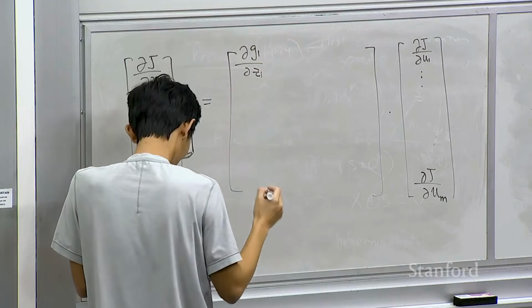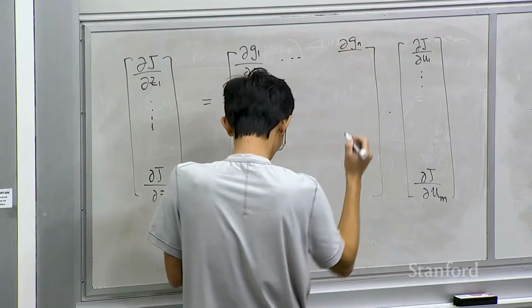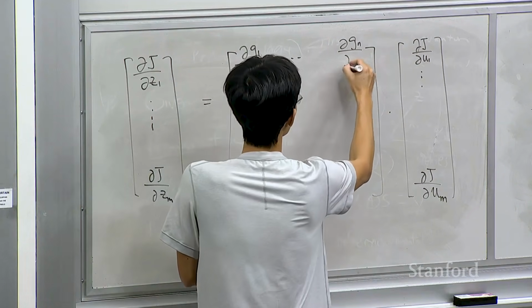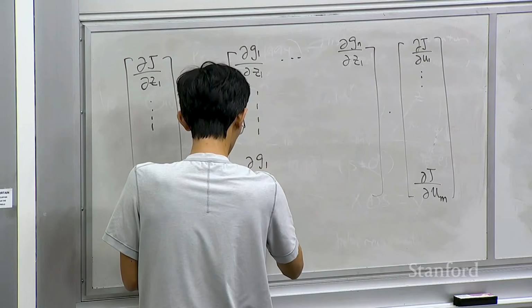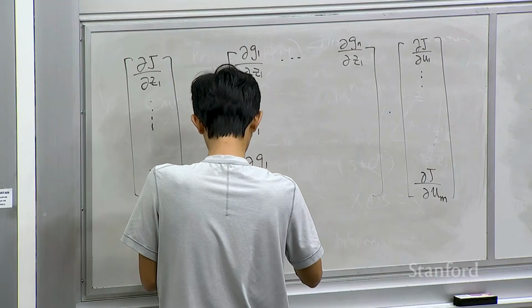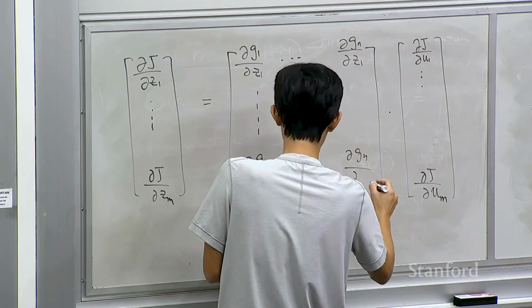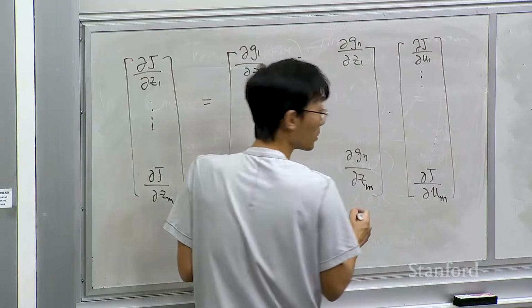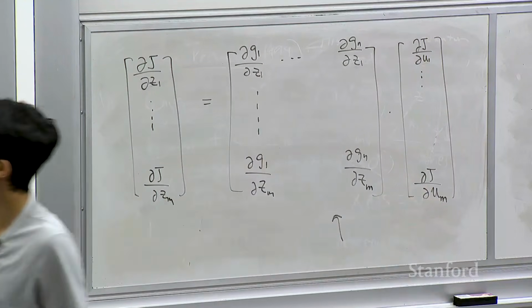I need to make sure I copy paste to not mess up the indices. So this is actually the transpose of the Jacobian, and this is what you are given in our formulation.